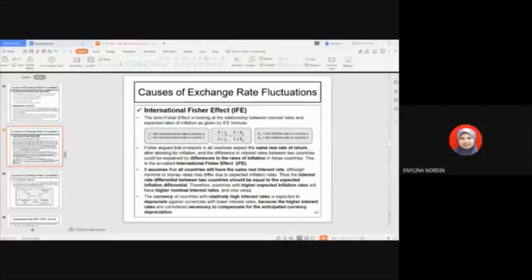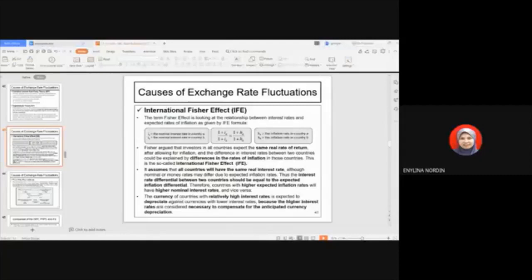So in other words, the international Fisher effect provides the assumption that the countries with, let's say, lower interest rate will likely also experience a lower inflation rate, right?